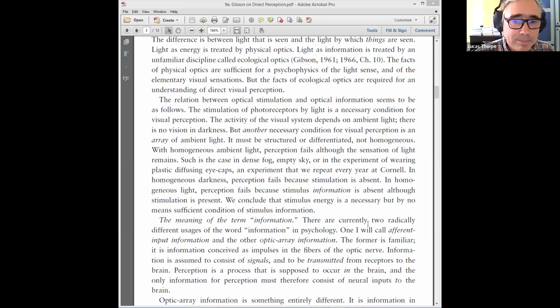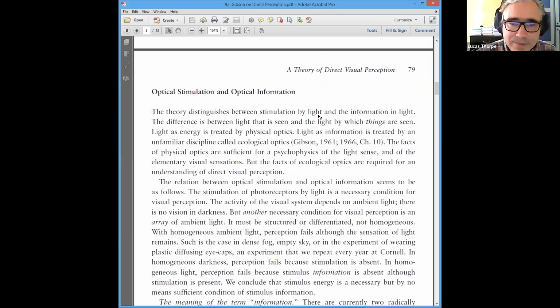Okay, so in this short paper I gave you, he's trying to summarize some of the ideas in his position. This was written a little bit before the final book, and he says that the theory distinguishes between stimulation by light and the information in the light.